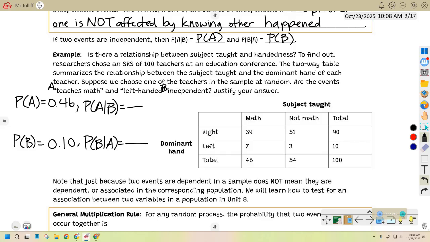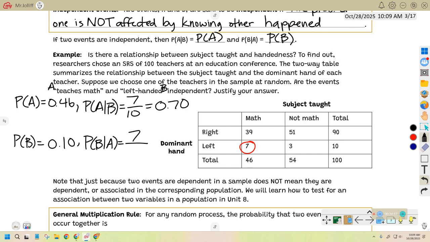Where is that box in the table? 7. Left-handed math nerds. Good. So I know the top of both of these fractions is going to be 7. It's both and both. For the first, P(A given B), I want the count for just B, which is just left-handed, which is where? 10. 7 out of 10, which is 0.7.